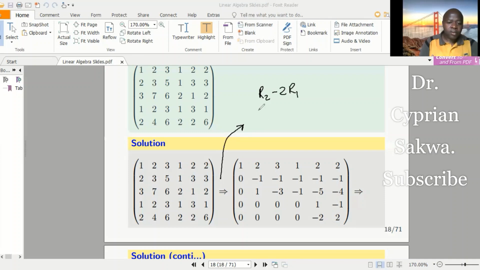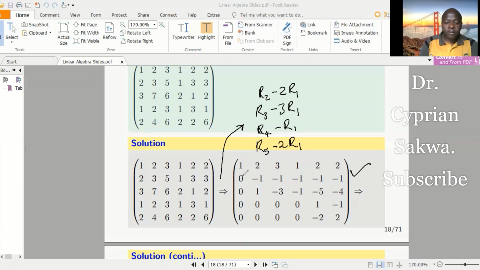And then row 3 minus 3 row 1. And then row 4 minus row 1. And then row 5 minus 2 row 1. So when you do that, this is the matrix you get.